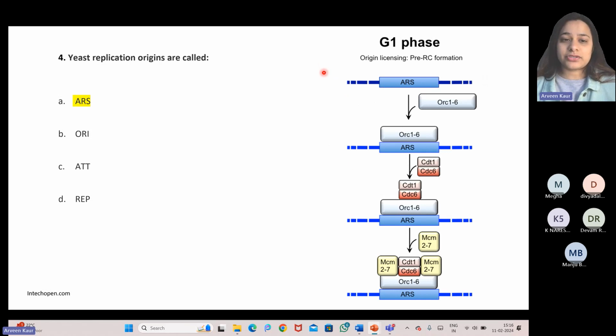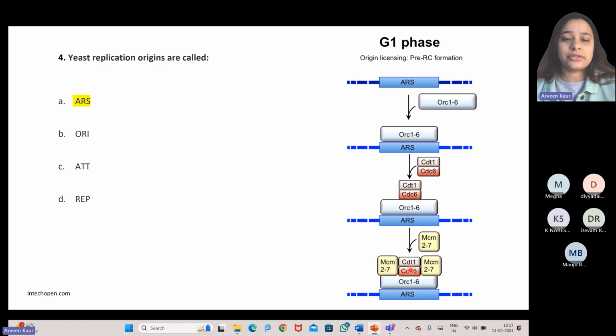Then what is the function of ARS? It is basically one of the replication origins. During the licensing phase in eukaryotes, this replication origin can form the pre-replication complex, right? This can happen at the end of mitosis or in the early G1 phase. And this pre-replication complex is completely formed once this ARS has CDCs and CDTs attached to it.